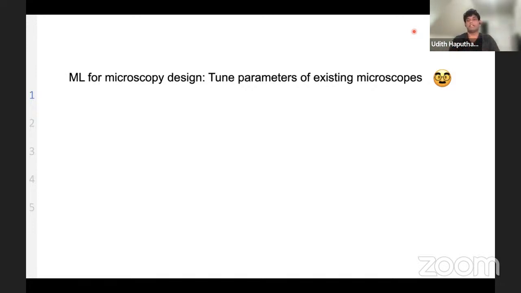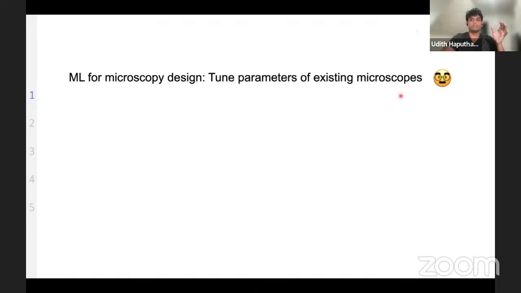For example, we can model the computational setup of a particular microscope, in a differentiable manner of course, and then try to optimize different parameters of that setup. But to do that, we need to know the theory of the microscope so that we can model it in a computer and optimize things inside that computational setup.